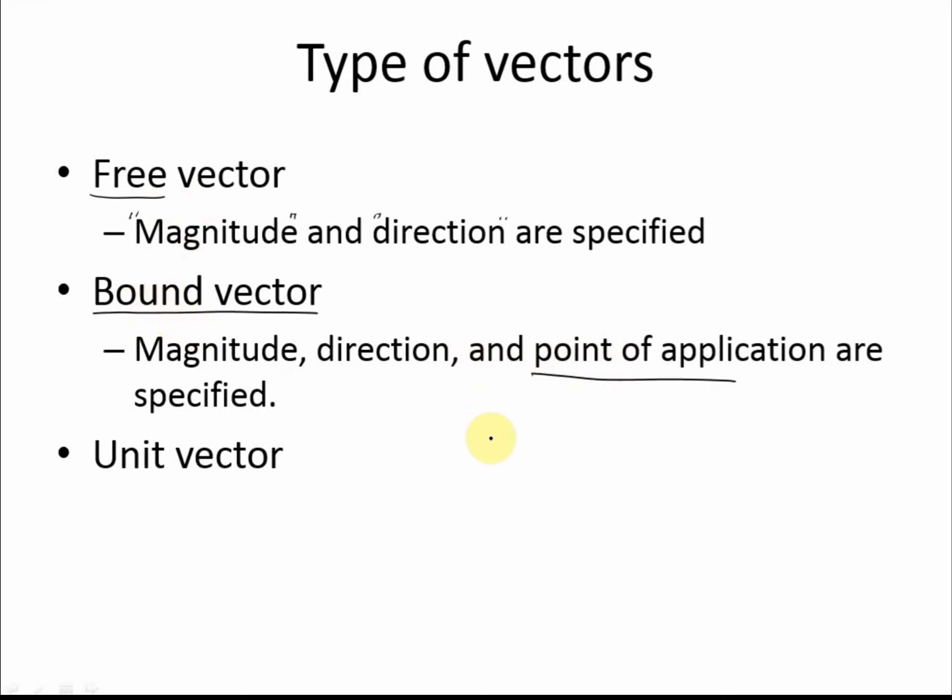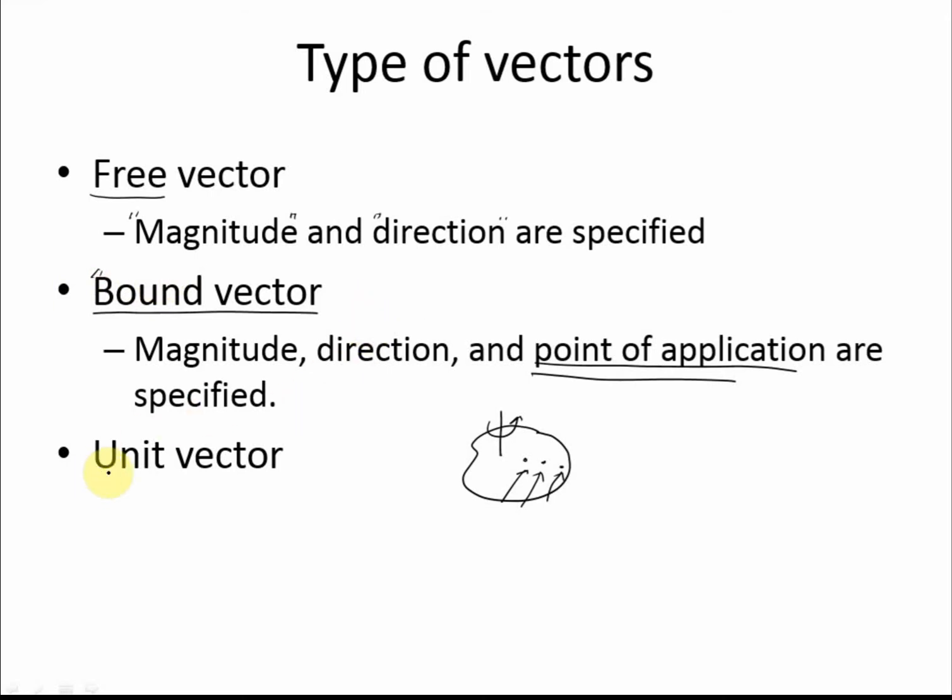Let's say we have a rigid body rotating about an axis, and there are certain points like that. Depending on where you apply the force, here or here, given the same force, the torque may be different, right? So sometimes the point of application should be considered when you define the vector. Then that can be a bound vector.